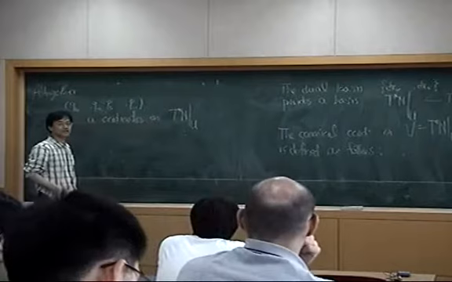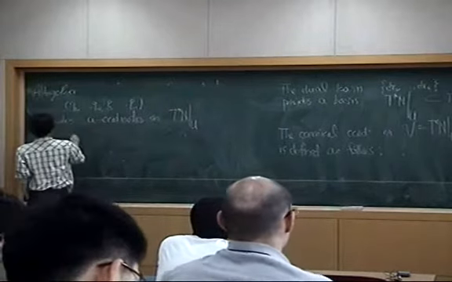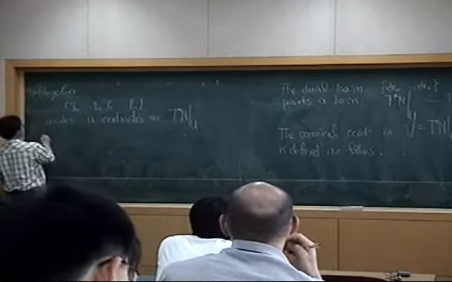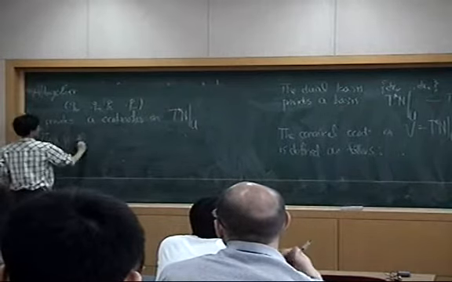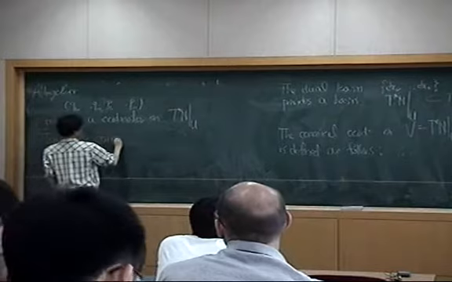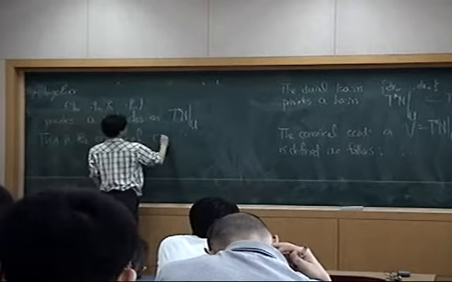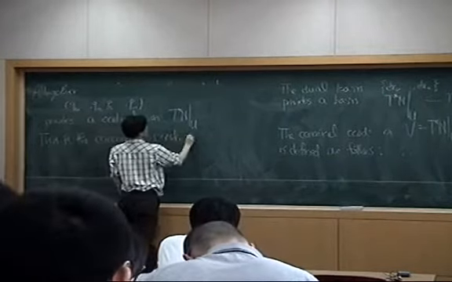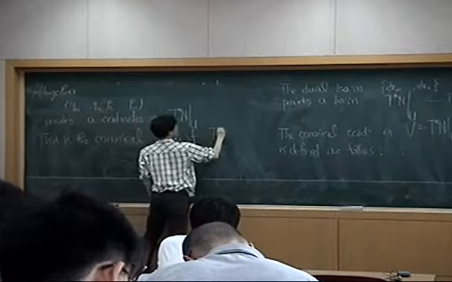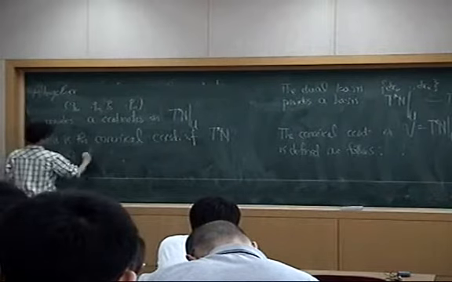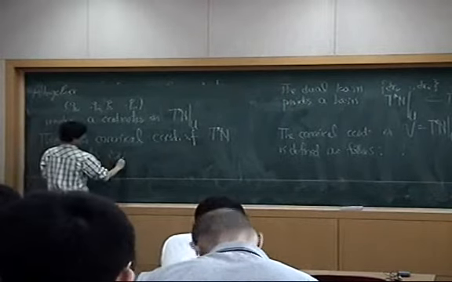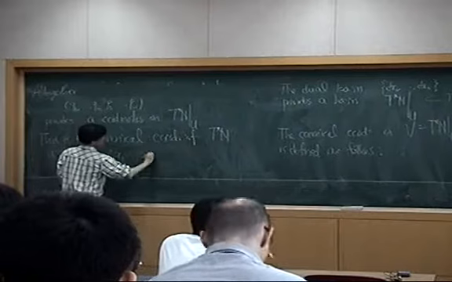And this is called the canonical coordinate. This is the canonical coordinate of the cotangent bundle associated to the coordinate x on the base.